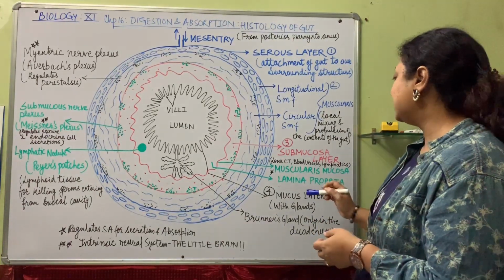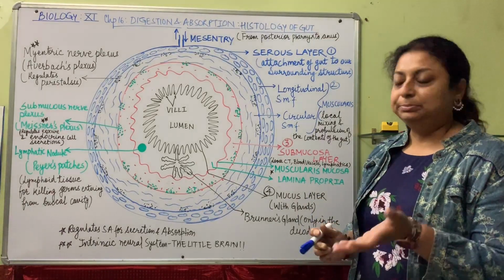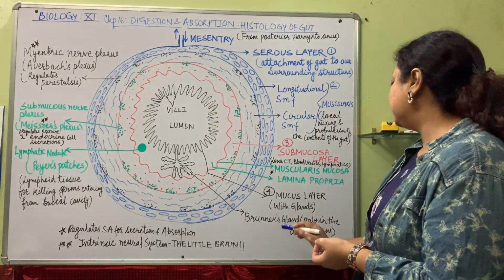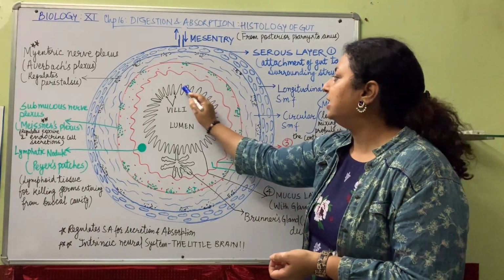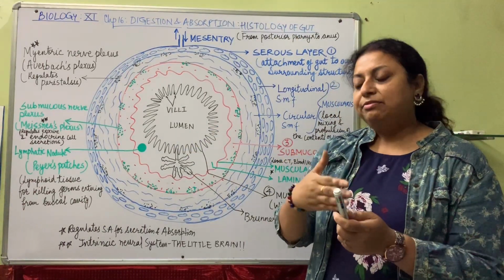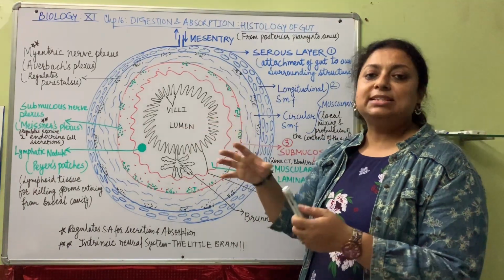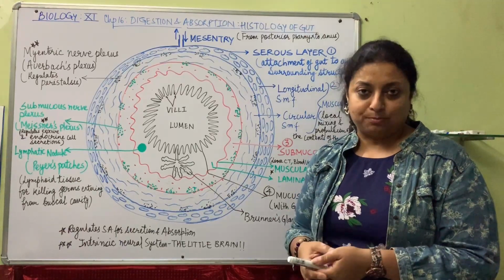Then below the muscularis mucosa is the lamina propria, where we can see the epithelium tissues. This has the glands, and also there are outgrowths, you can see the villi. Villi vary as per the different locations of the alimentary canal. For example, the villi are maximum in the small intestine because that is the area of maximum absorption.